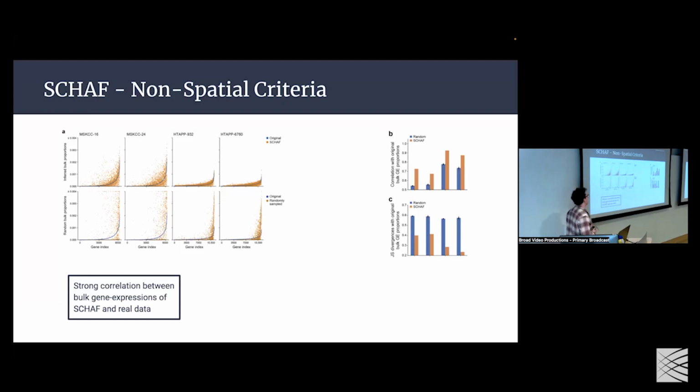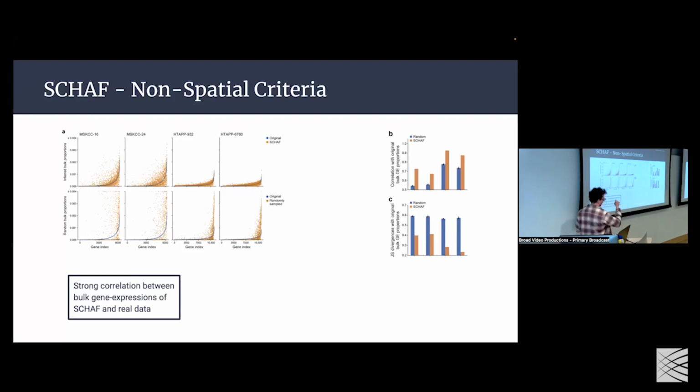You can see that SHAF actually does decently well. As you can see here on the left, it's a very nice correlation. You see here on the right that this kind of quantifies it, but more or less our baseline is also just a generative VAE. That's a type of generative model that is trained on the same training data as SHAF to generate single cell profiles.